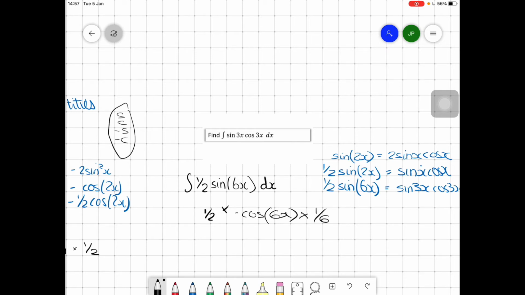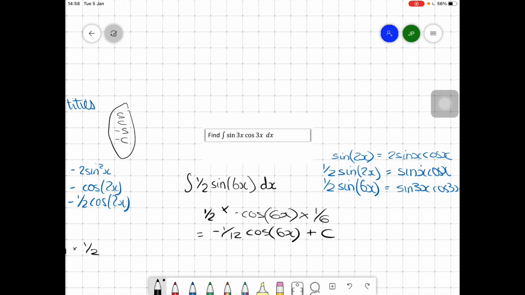So I'm going to be left with a sixth times a half, which gives me a 12th. I've got my minus in there as well, so I'll end up with minus a 12th lots of cos 6x. Again, indefinite integration, we have to make sure we put our plus c on as well.